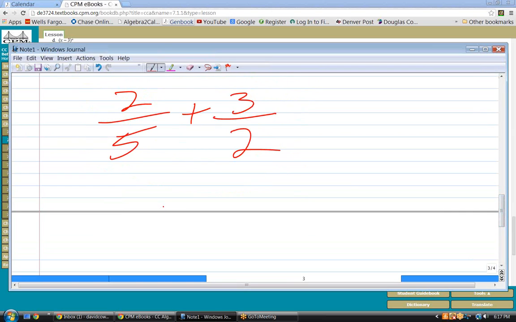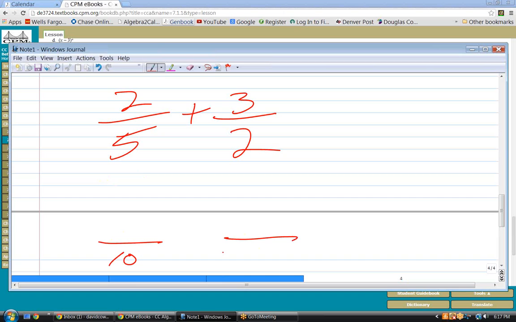What do I have to do to add these? Find a common denominator. And what's the common denominator going to be? 10. And the term on the left, how many tenths is that? 4. And the term on the right, how many tenths is that? 15.